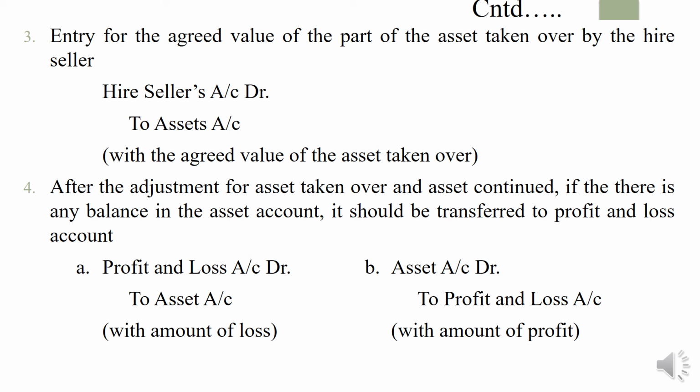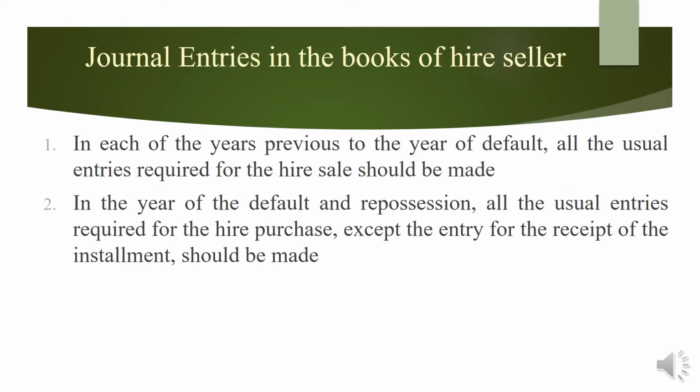If there is any loss, then profit and loss account should be debited and asset account credited, and if there is any profit, asset account is to be debited and profit and loss account credited. Then entries in the books of hire seller. In each of the years previous to the year of default, all the usual entries are to be passed.